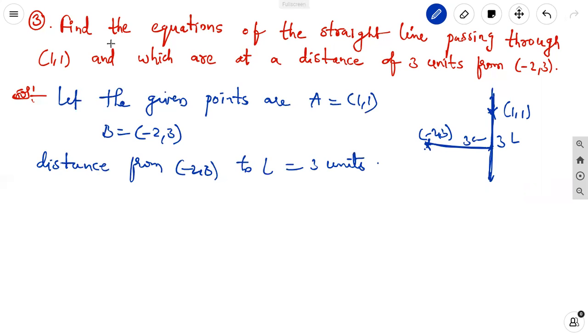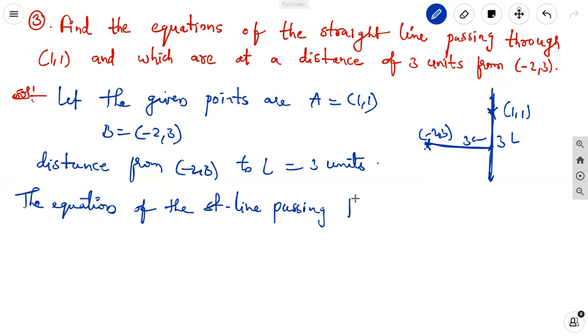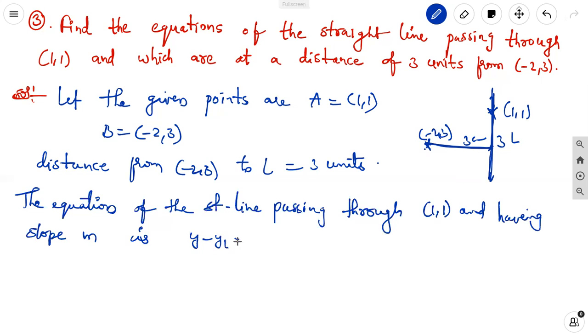First, find the equation of the straight line passing through (1, 1). The equation of the straight line passing through the point (1, 1) and having slope m is y minus y1 equal to m into x minus x1.